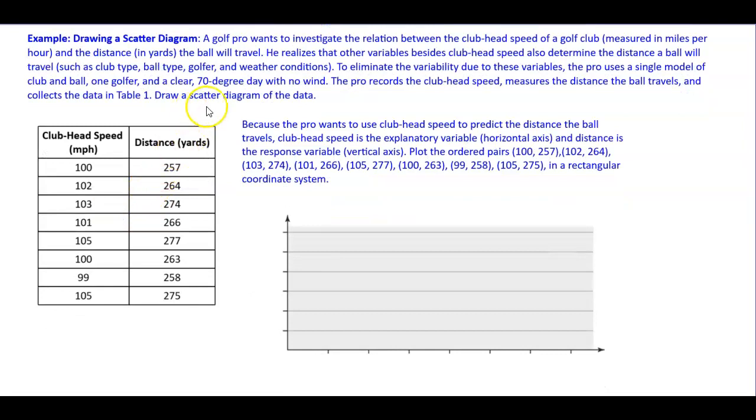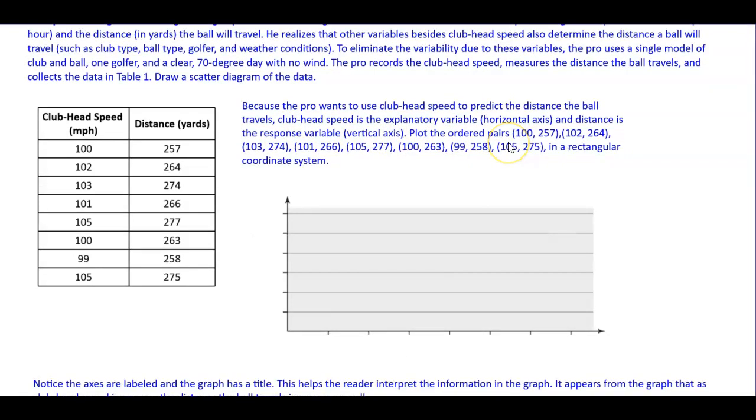What we want to do is draw a scatter diagram of the data. In the columns we see club head speed, in miles per hour, and then the distance in yards. Because the pro wants to use club head speed to predict the distance the ball travels, the club head speed is the explanatory variable, which is the horizontal axis.